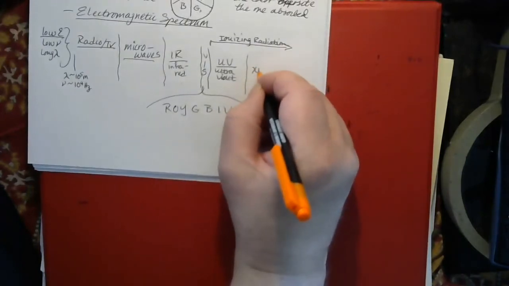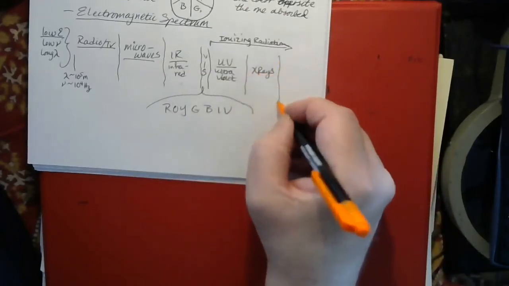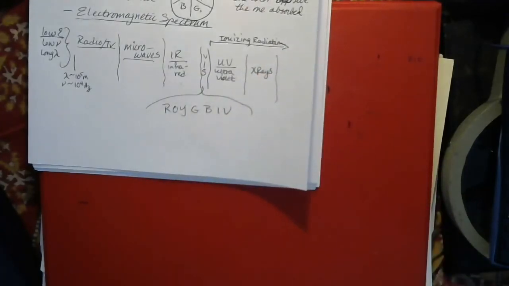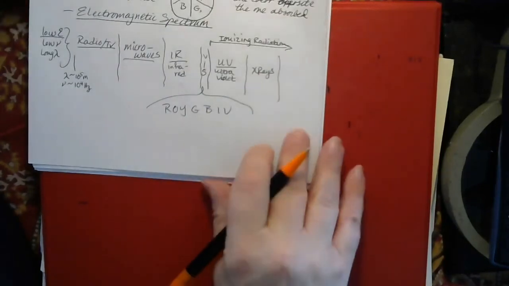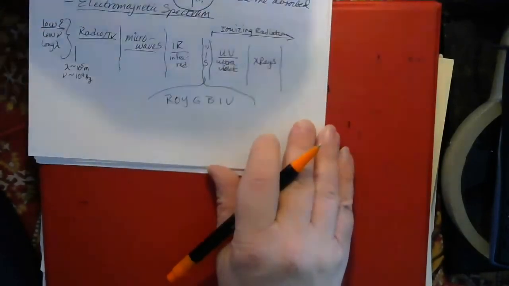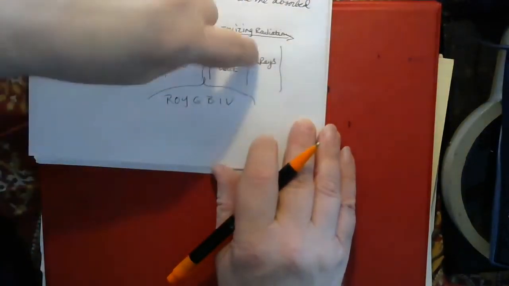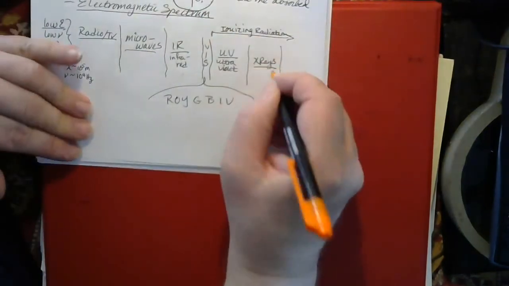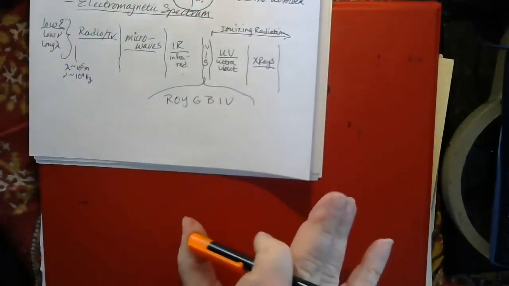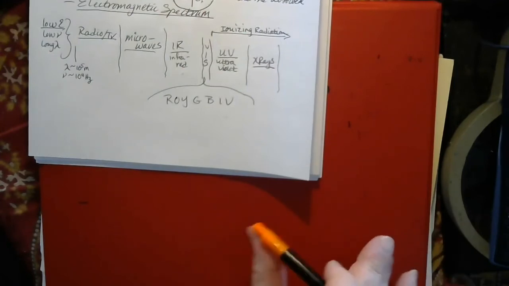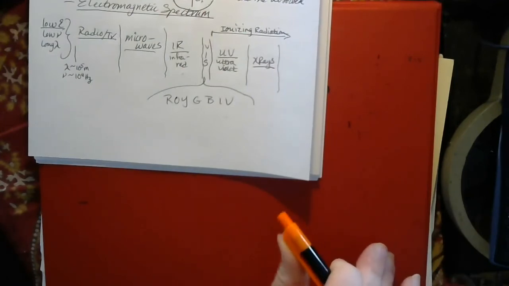With the next step, though, we come to X-rays. And of course, X-rays are famous for being able to penetrate through your body tissues. So X-rays can actually cause damage not only on the surface, but down inside your body as well. They're even higher in energy than ultraviolet, and you really have to limit your exposure to X-rays. When you go to have an X-ray, they usually give you a lead-lined apron to put over all of the parts of your body that you don't want to X-ray, just to limit your exposure as much as possible.